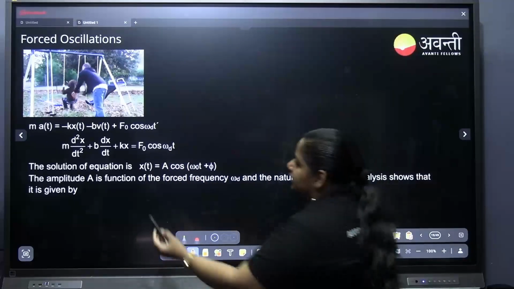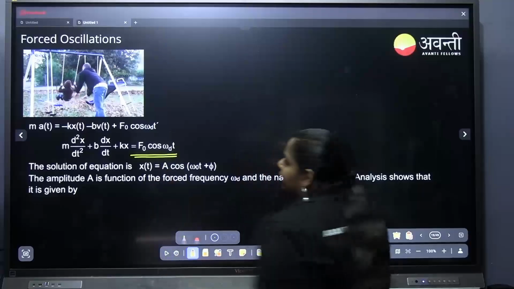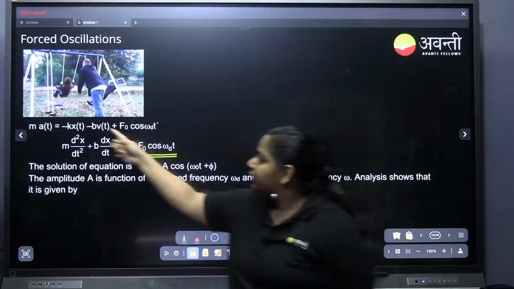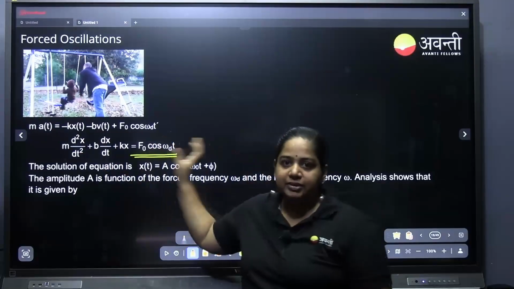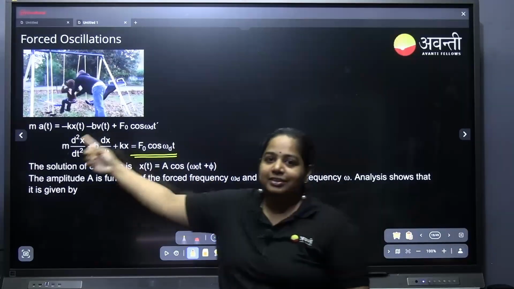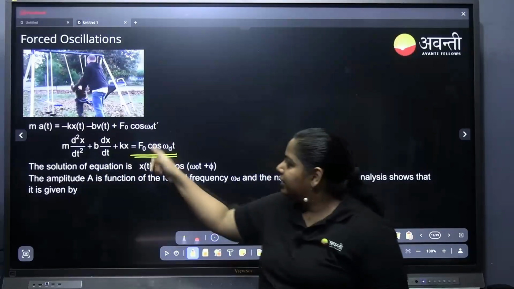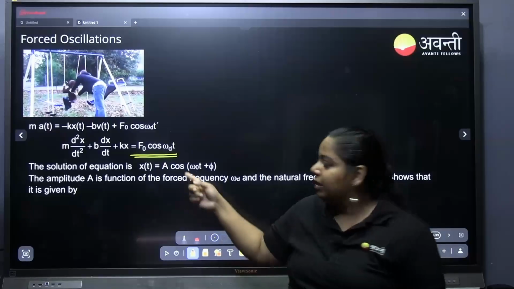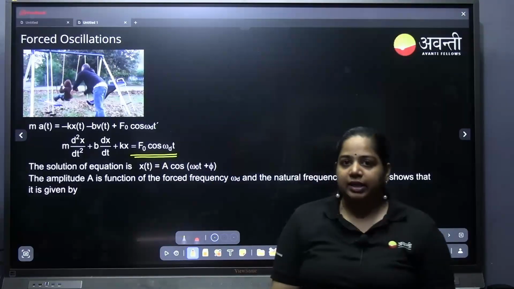In that case we just add the external force on this side. For damping, this side is same and the other side is 0. For forced oscillation, this side is the same and here it will be the external force. It should be a periodic force, therefore the cos term is there.